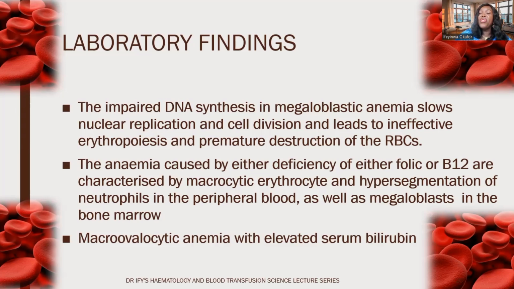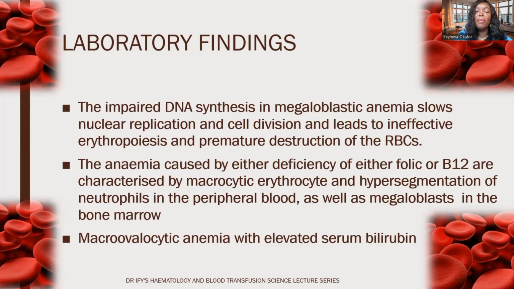So you have an increased level of bilirubin in the system, and as a result of destruction of those red cells, you can have anisocytosis, poikilocytosis. That's red cell fragmentation and also differences in the shape and size of the red blood cells.